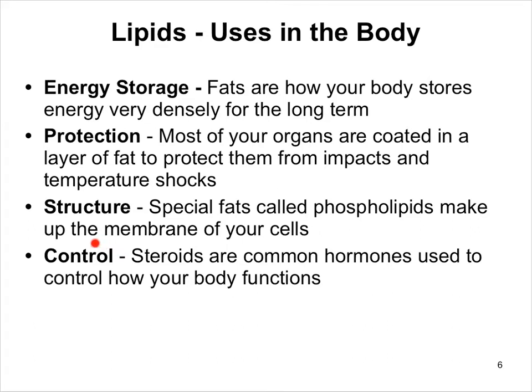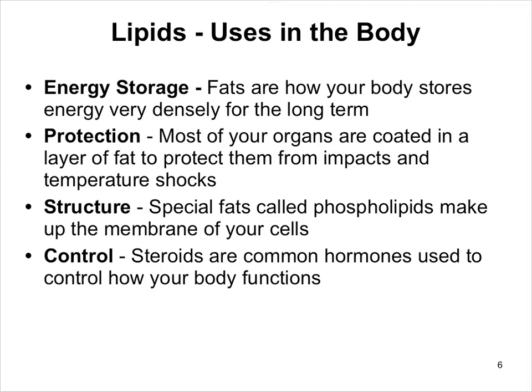Last, but by no means least, is control. Right? This is where steroids come in. Steroids are used for both structure and control. Fatty acids are used for energy storage, protection, and structure. So you'll find cholesterol in the membranes of your cells as well.